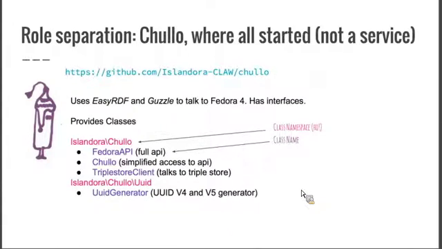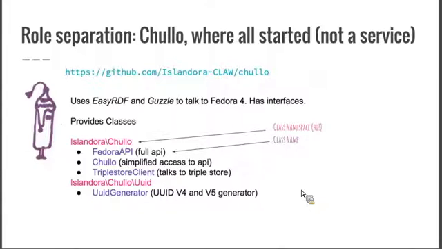So, starting with this role separation, Chullo is where it all started, and Chullo is not a service, it's a library. You can go to GitHub under Cloud Chullo and see what's there. There's a little tutorial on how to make it work. You can work directly on Chullo without any service. And it reuses EasyRDF and Guzzle.